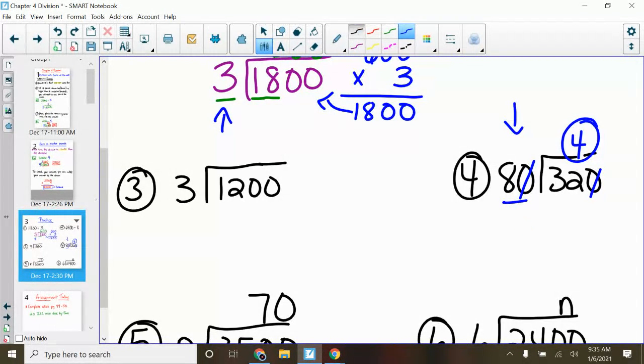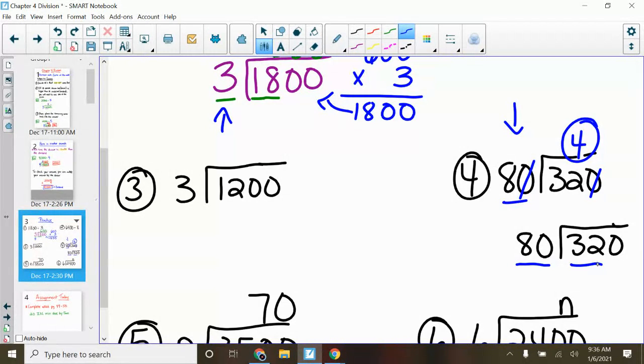But the other way that you could have solved it, so let me write underneath it this problem again. Instead of just using the 8, you use the 80. And you say, well, will 80 fit into 32? Will 80 fit into 32, Reagan? No, it's too big.